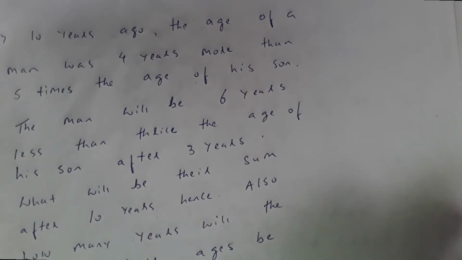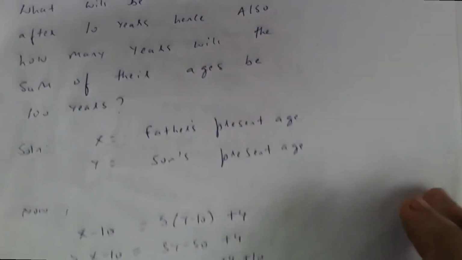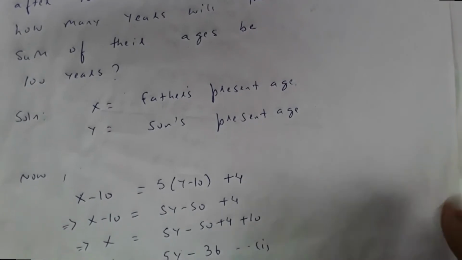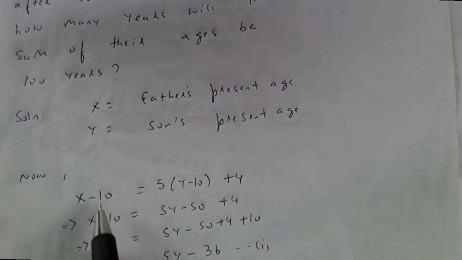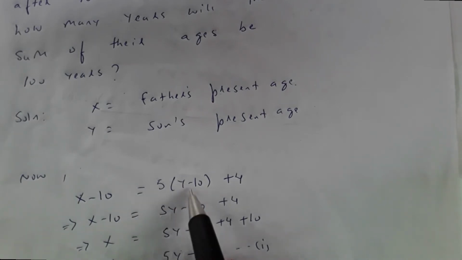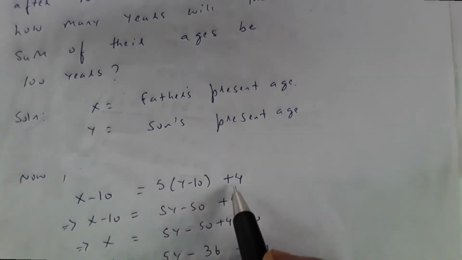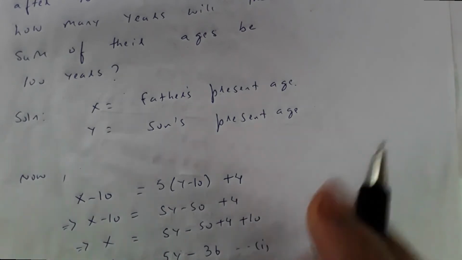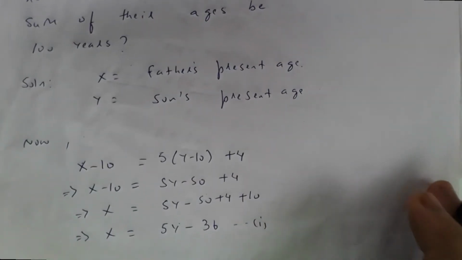The age of the man was 4 years more than 5 times the age of the son. 10 years ago, the age of the father, x minus 10, equals 5 times the age of the son, y minus 10, plus 4. Plus 4 means 4 years more.